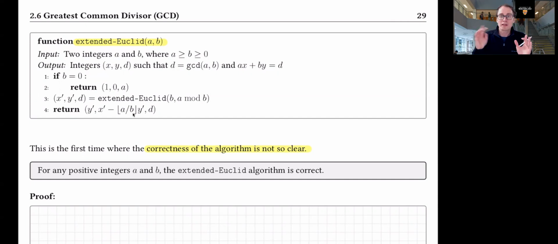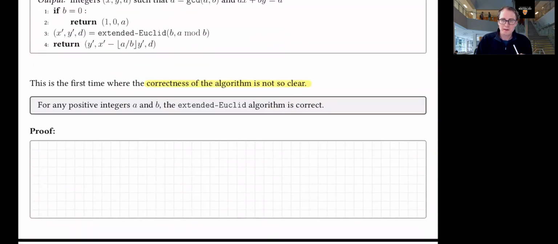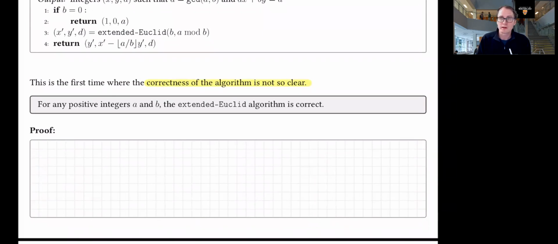So now I'm going to give the statement: for any positive integers A and B, the extended Euclid algorithm is correct. That means it does indeed compute an X, a Y, and a D satisfying these conditions. And the way I'm going to argue this is a bit informally, then I'll tell you how we would prove it more formally, and then we'll do a little bit of review to solidify that.